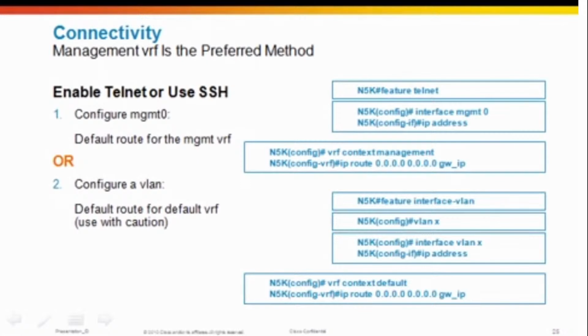So you put in the database, and go interface VLAN and provide an IP address. Don't forget to unshut the interface. By default, interface VLANs are shut down. And here you can provide a default route following that to your gateway. But here we'll use the VRF context default instead of the VRF context management.